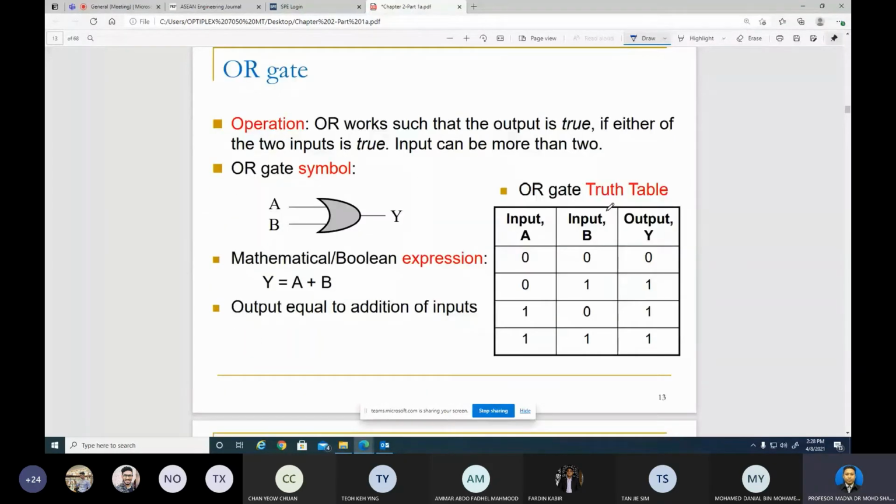Next, we go for the OR gate. You can see the symbol here. This is the symbol for the OR gate. The operation of the OR gate is addition. We have to add.